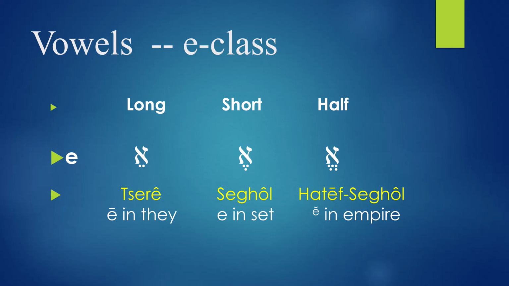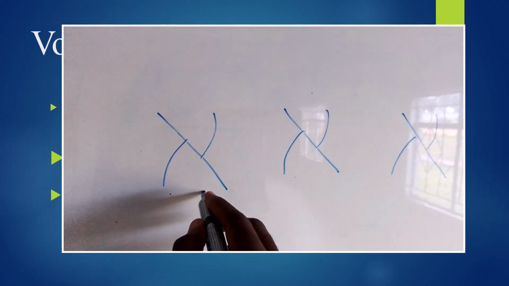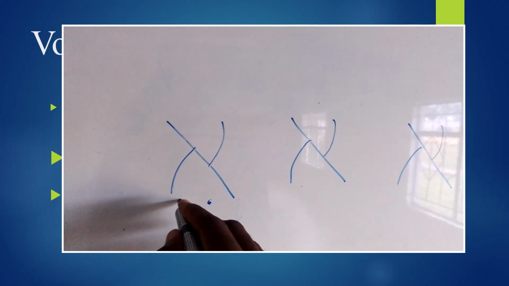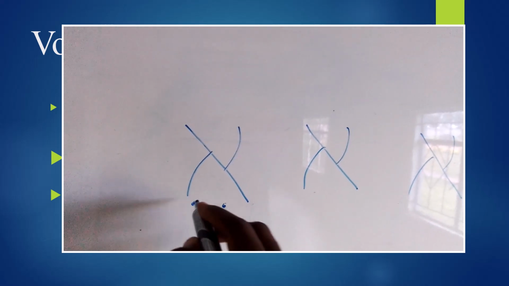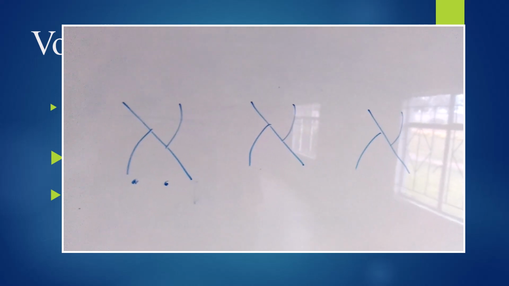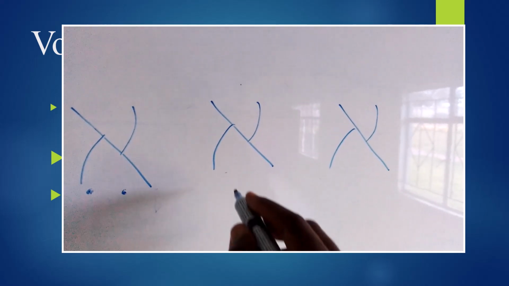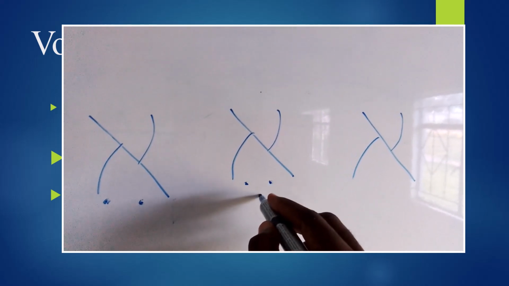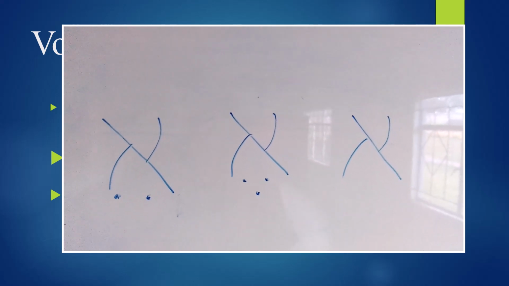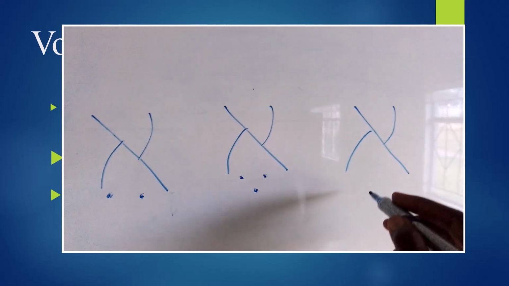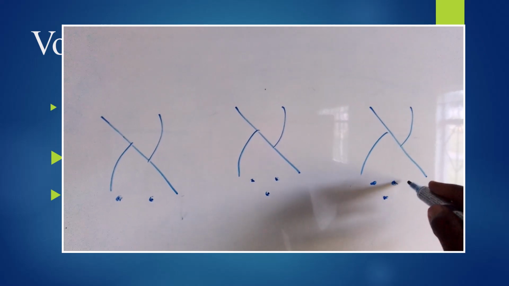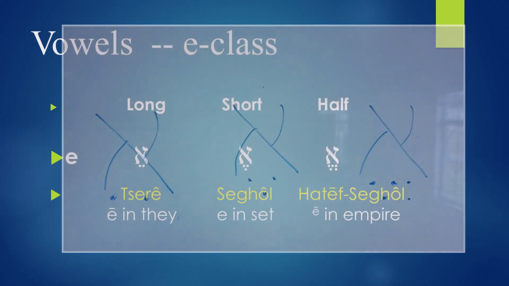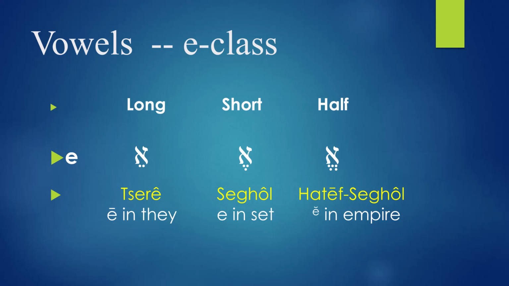And here's how the vowels are written. So you have tsere, sego, and hatef sego.